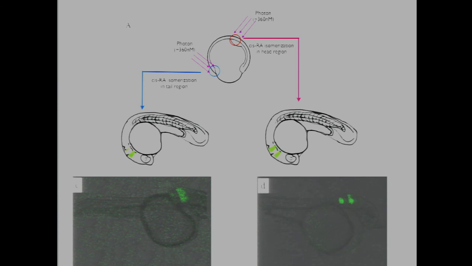The idea is now that we can test developmental biology models where we can work against known gradients of the small molecule, build a gradient at will, and see how the animal develops if we perturb the concentration gradient of this morphogen called retinoic acid.